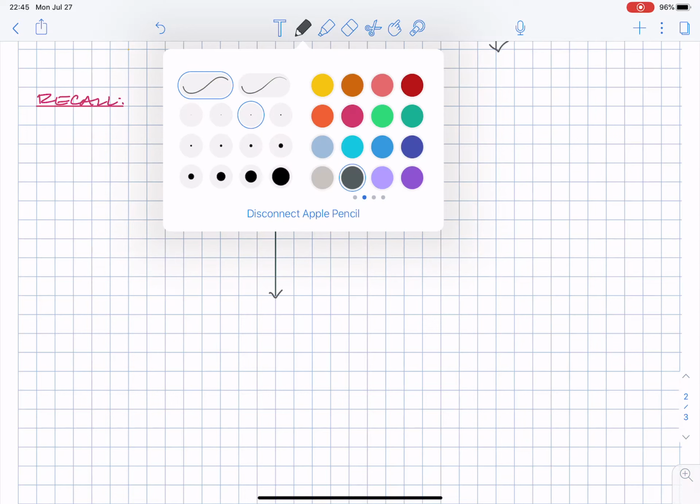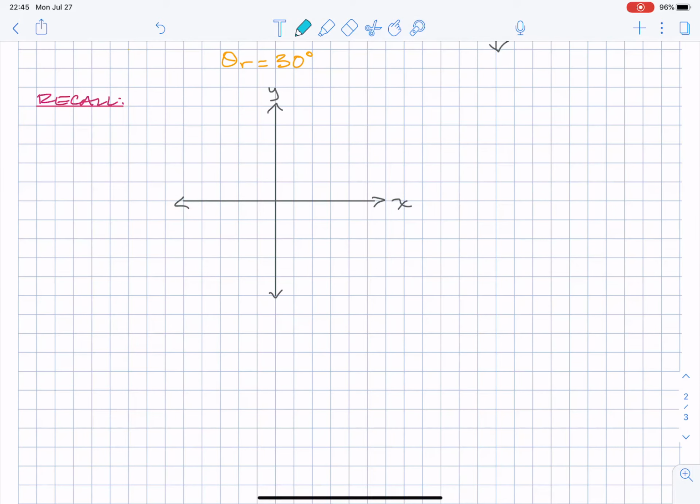So if I had a point in quadrant 1, x comma y, that point would have signs positive comma positive. And so we say all trig functions are positive in quadrant 1.